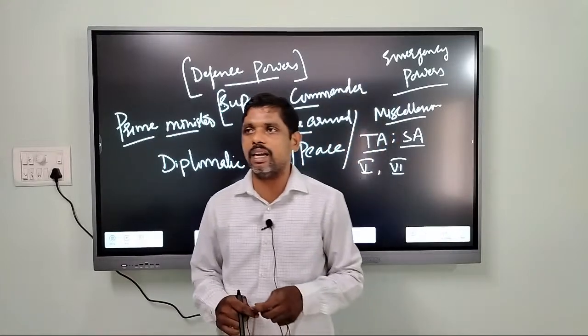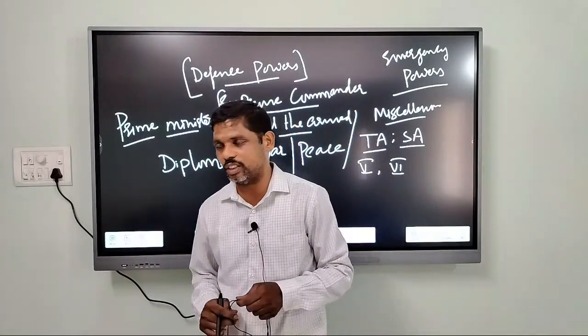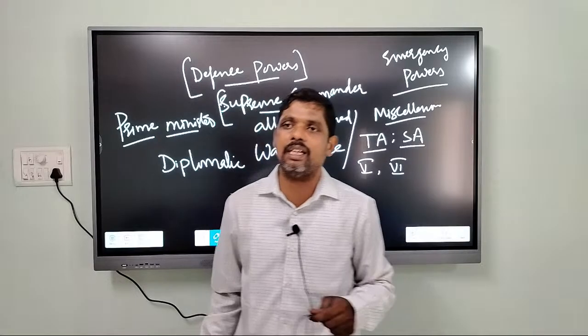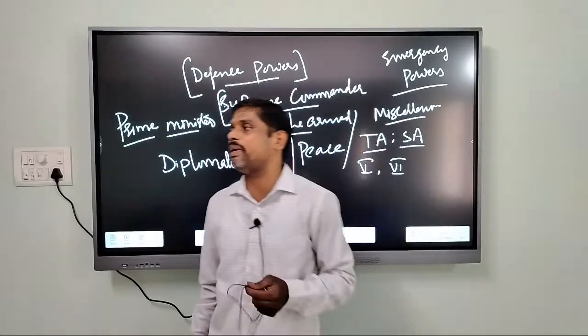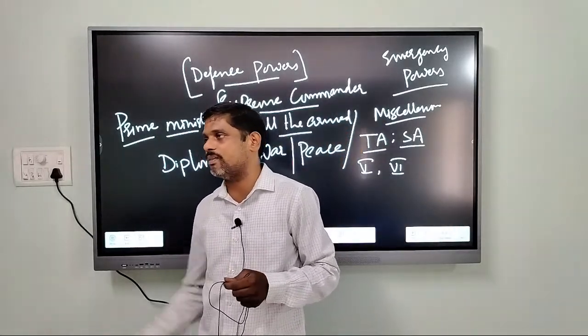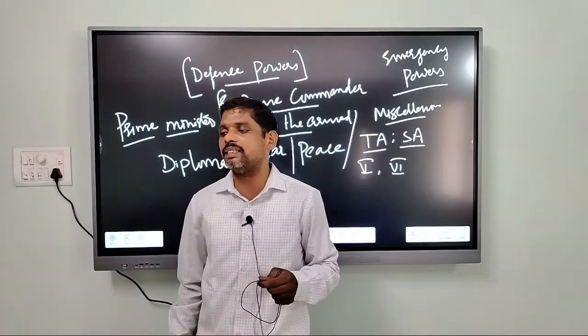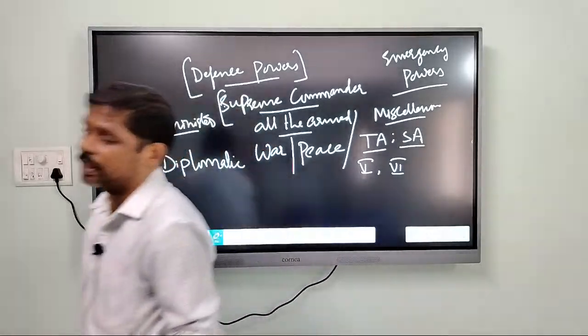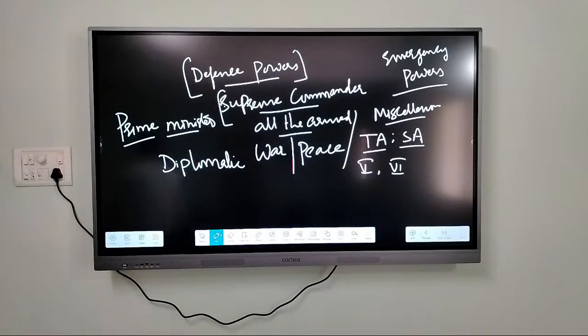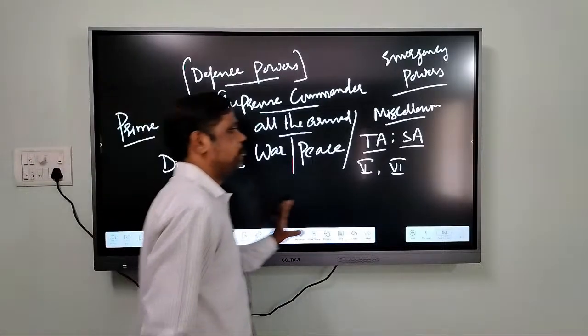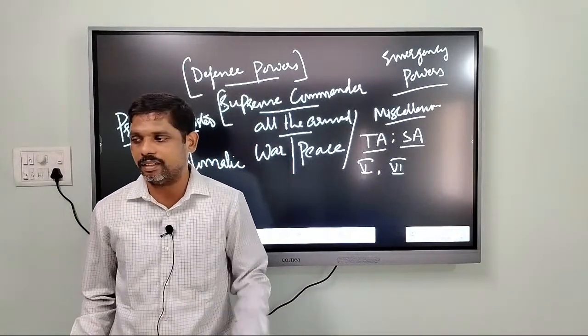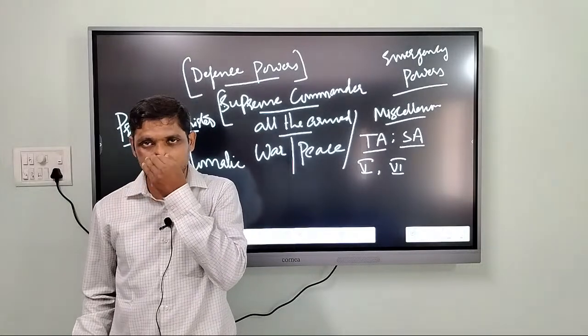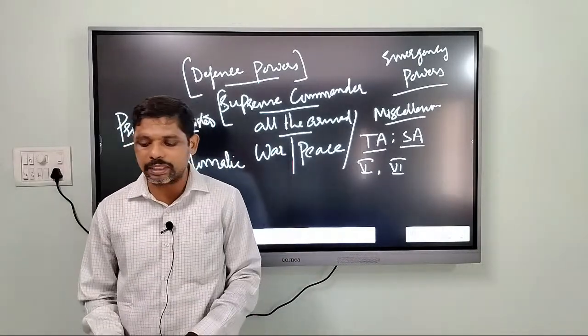Of course, as of now Jammu Kashmir has no chief minister, but coming to Delhi and Puducherry, the appointment of chief ministers, the other ministers, then removal of ministers, it is done by the President of India. Alright. So these are some of the miscellaneous responsibilities of the President of India.